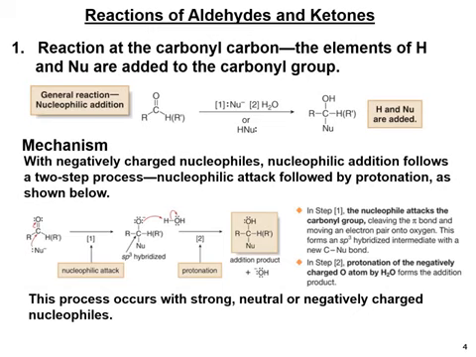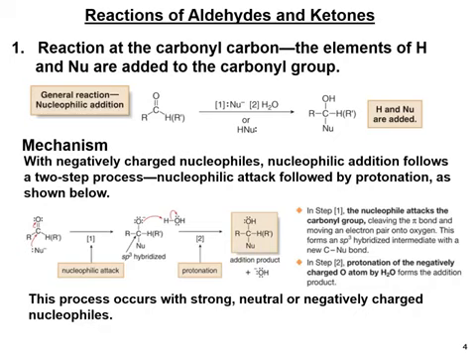Due to this electrophilic nature of the carbonyl carbon, a nucleophile can attack the carbon. The nucleophile attacks the carbon, then produces an oxyanion, and this oxyanion abstracts a proton from the medium and gives the final product. Overall, an addition reaction takes place.